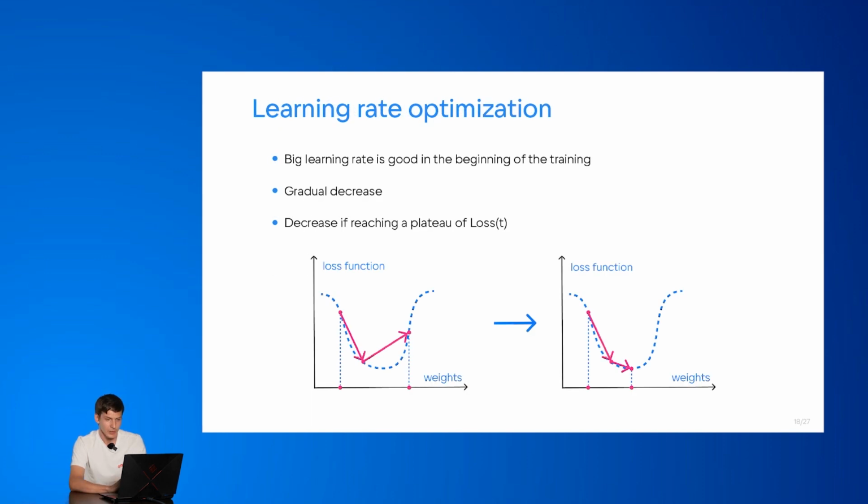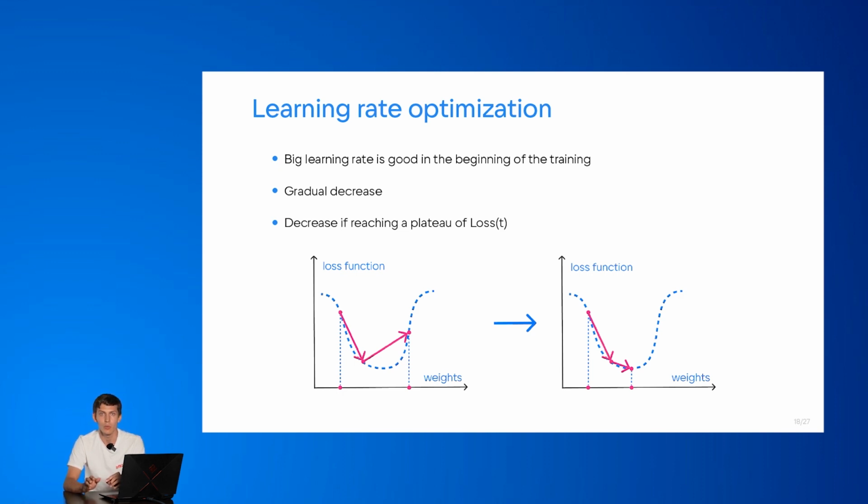Okay, let's look at a simple task where an optimizer can help us. There are different situations and we need to behave with different strategies in them. For example, if we are at the beginning of the learning, we need to have big steps to go rapidly to the areas with minimums.